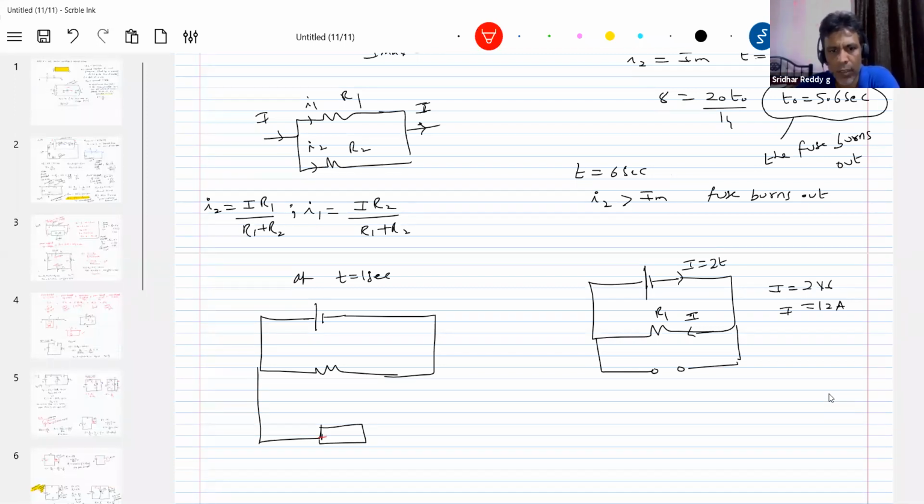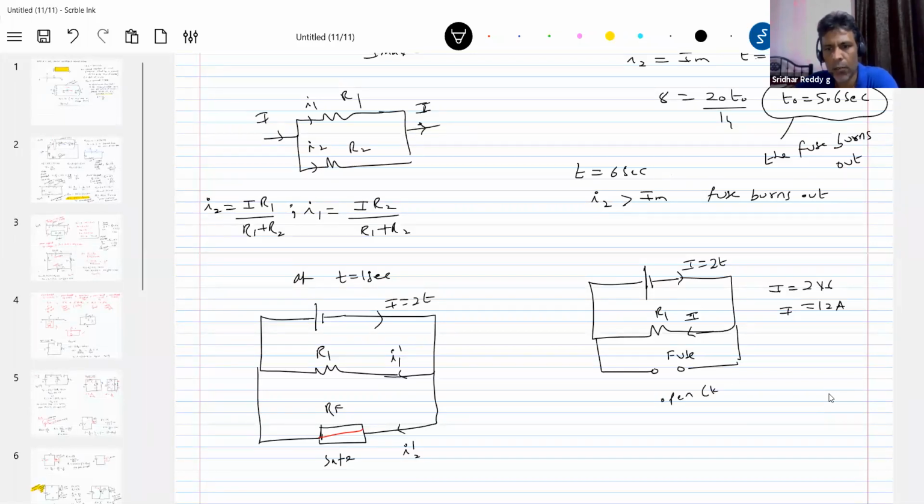At t equal to 1 second, the fuse will not burn out. 2t, so calculate the resistance. Here a current I2 dash, I1 dash will flow. The fuse will be safe. In place of the fuse, you have to write open circuit. Got the idea? So different types of numericals will come.